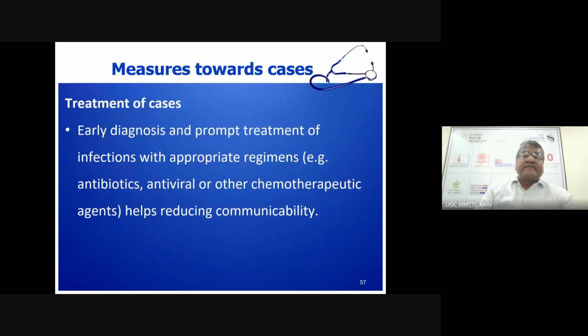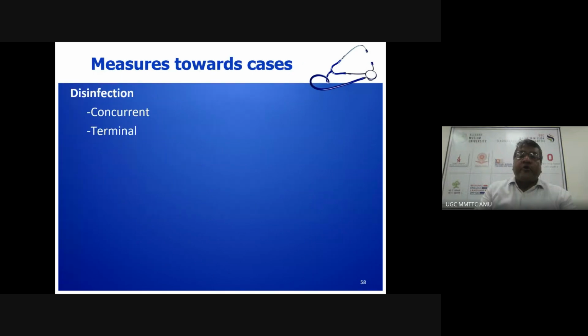Treatment of cases: early diagnosis and prompt treatment of the infection with appropriate regimen like antibiotic, antiviral, or other chemotherapeutic agents help reduce communicability.